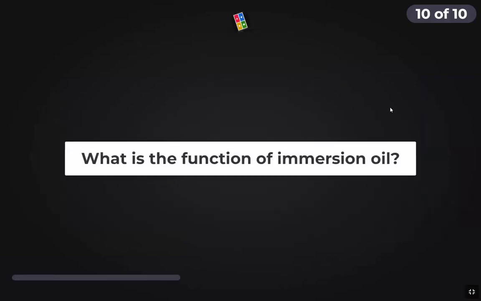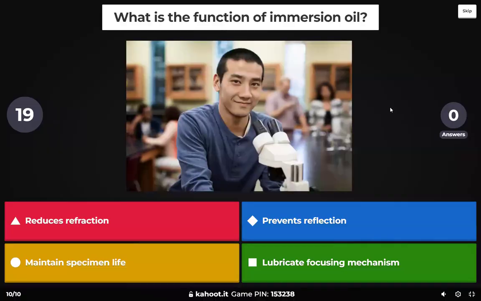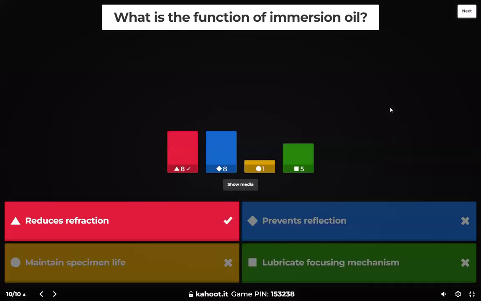All right, what is the function of immersion oil? All right, so immersion oil, that's the one that we put on the slide, between the slide and the objective lens, that prevents the light from just scattering around from hitting the air.